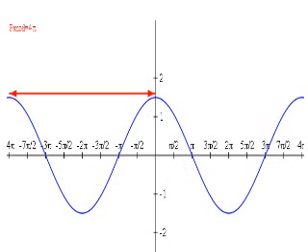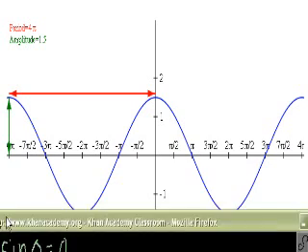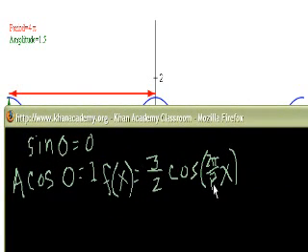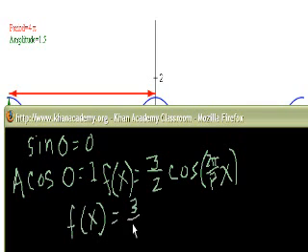So we know that the period is 4 pi, and then I can click hint again, and it'll tell us stuff that we already figured out. The amplitude we already figured out was 1.5. But let's just use the period. So the period here was 4 pi, so let's just write that in our equation. So f of x is equal to 3/2 cosine of 2 pi divided by the period.